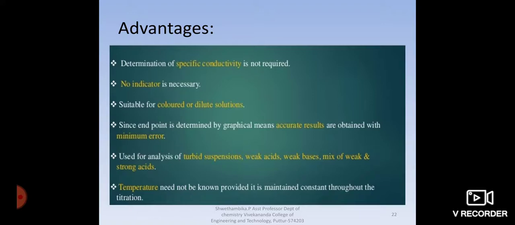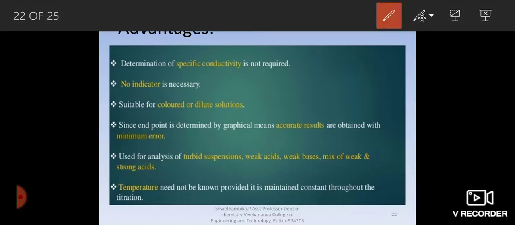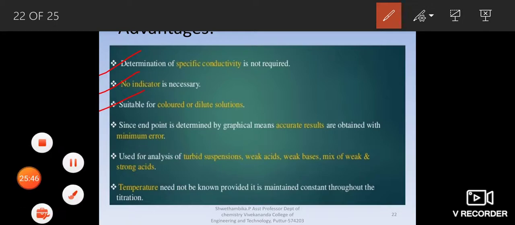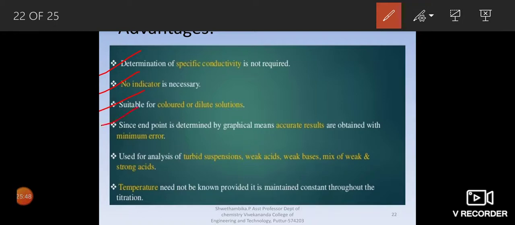Now let us see the advantages of the conductometric method. No determination of specific conductivity is required because we have adjusted the cell constant to 1. No indicator is needed. All colored or dilute solutions can be studied. Since the endpoint is determined by graphical means, accurate results are obtained, and we can do the estimation with minimum error.